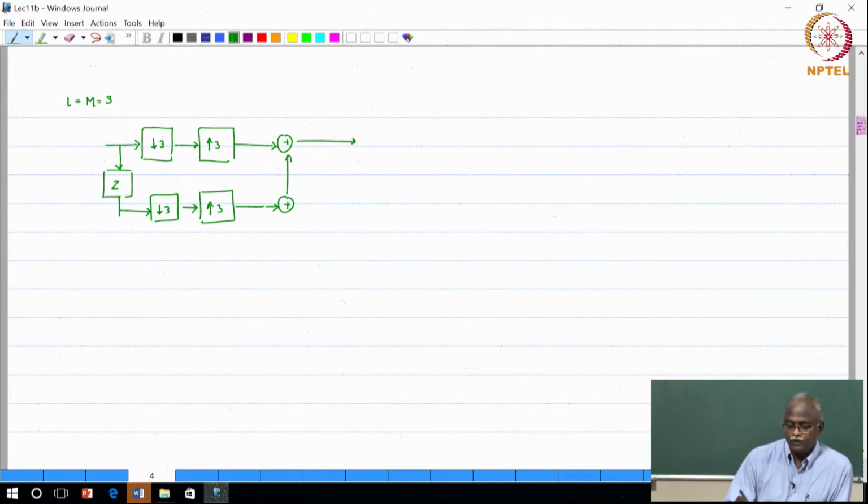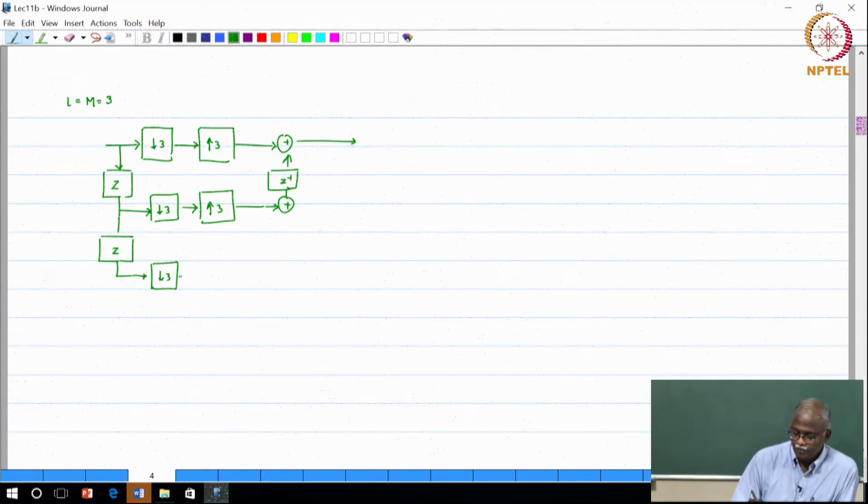The second branch gets added, and we need to insert a delay operation here, Z inverse. Then a third branch where we have another advance operator followed by downsample by a factor of 3, upsampling by a factor of 3, and a delay operation.